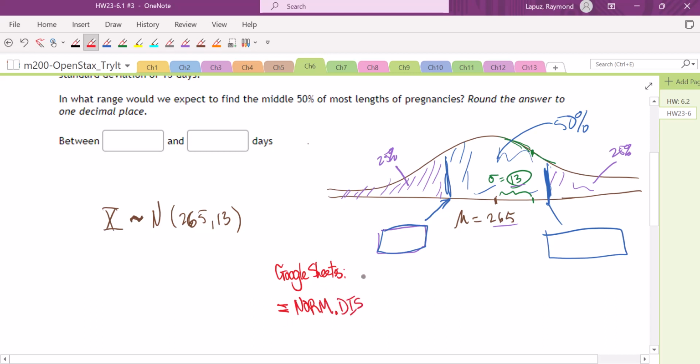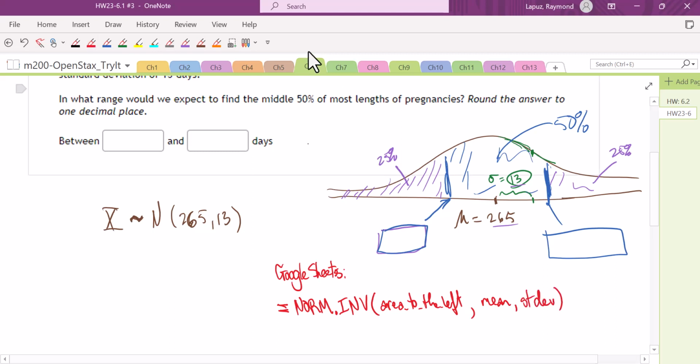Oh, I'm sorry, that's the distribution. We want norm.inv for inverse. The first parameter is the area to the left. The second parameter is going to be the mean, and the third parameter would be the standard deviation.